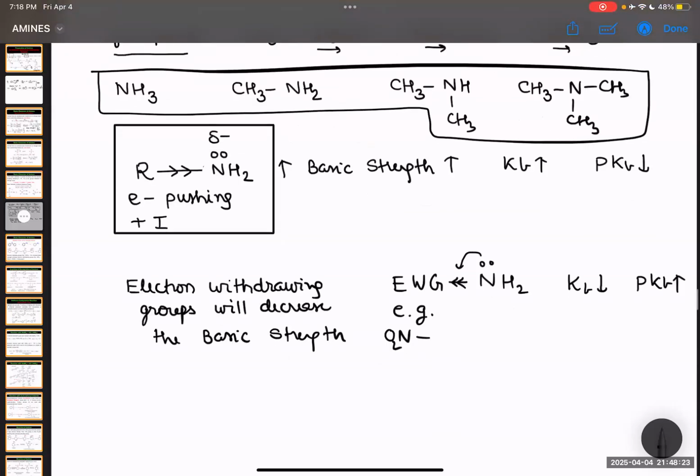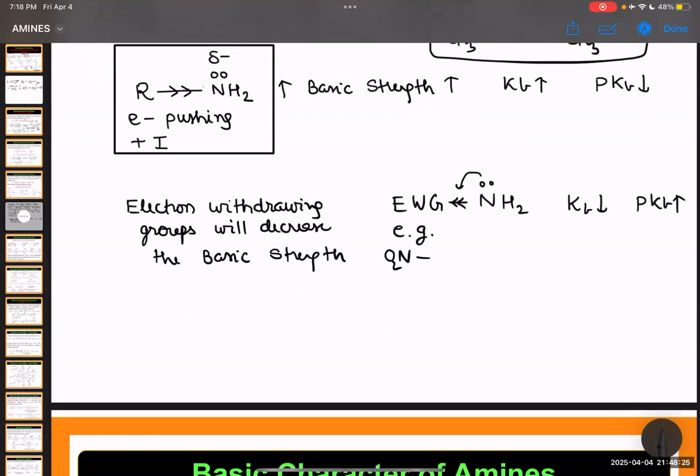But the problem comes when the question asks about the basic strength in aqueous medium. So can you tell me what is the basic strength of these amines in water?